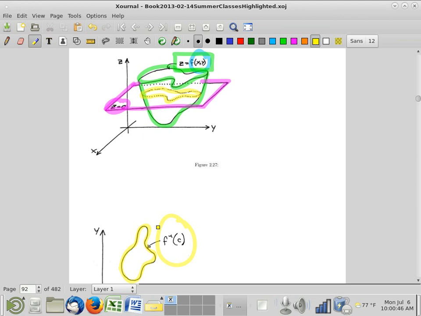These are just points in the xy plane. So technically not quite the same, but the point is that this cross-section curve and this level set curve have the same shape, in that the relationship between x and y is the same. So sloppily we'll say that they're the same. All right, so neat fact there.